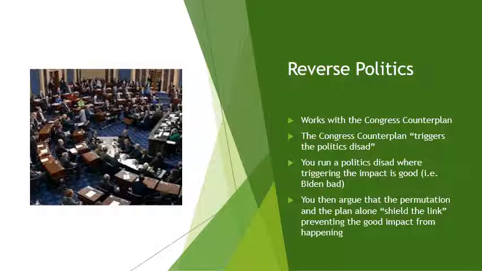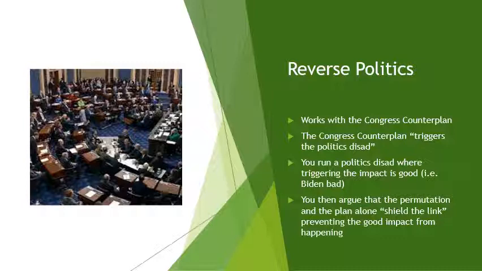And then you argue that the permutation and the plan alone shield the link, preventing the good impact from happening. So the affirmative team will try and say, well, we also trigger the politics disadvantage.